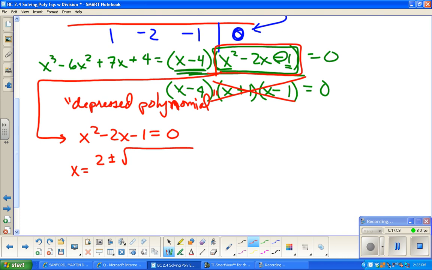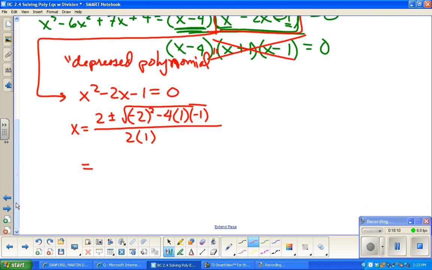Opposite of b plus or minus the square root of b squared minus 4ac, all over 2a. Okay, so this is kind of how it looks when it's ugly. No offense. This is going to be 4 plus 4.